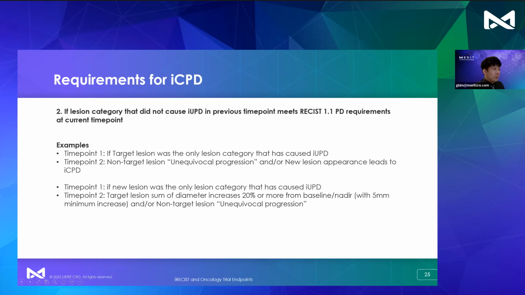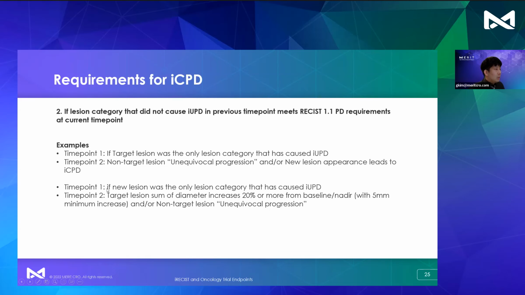Basically, at time point 1, the target lesion was the cause of the IUPD, but not the non-target or the new lesion. At time point 2, problems are now arising in the non-target or the new lesions with the condition of the RECIST 1.1 PD requirements. That will give the ICPD at time point 2.